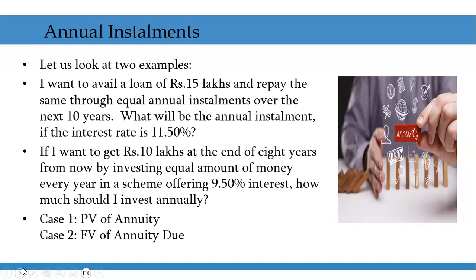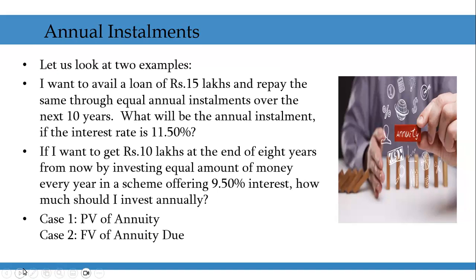In the first case, I want to avail a loan of rupees 15 lakhs and repay the same through equal annual installments over a period of next 10 years. The interest rate applicable to this loan is 11.5%. What will be the annual repayment I need to make?